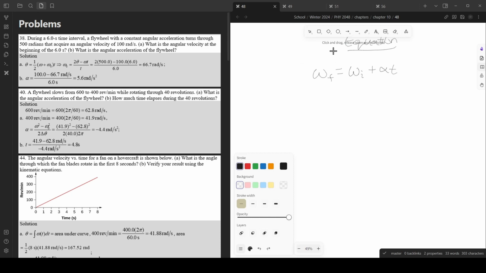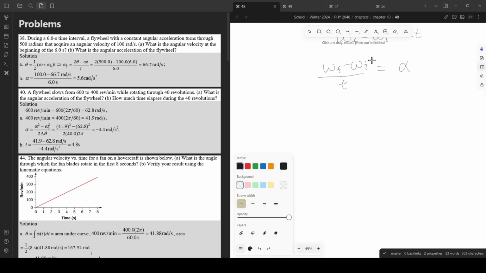So let's subtract omega initial on both sides, and then we're going to divide by time on both sides. So this is our angular acceleration equals our omega final minus omega initial divided by time, which makes sense.